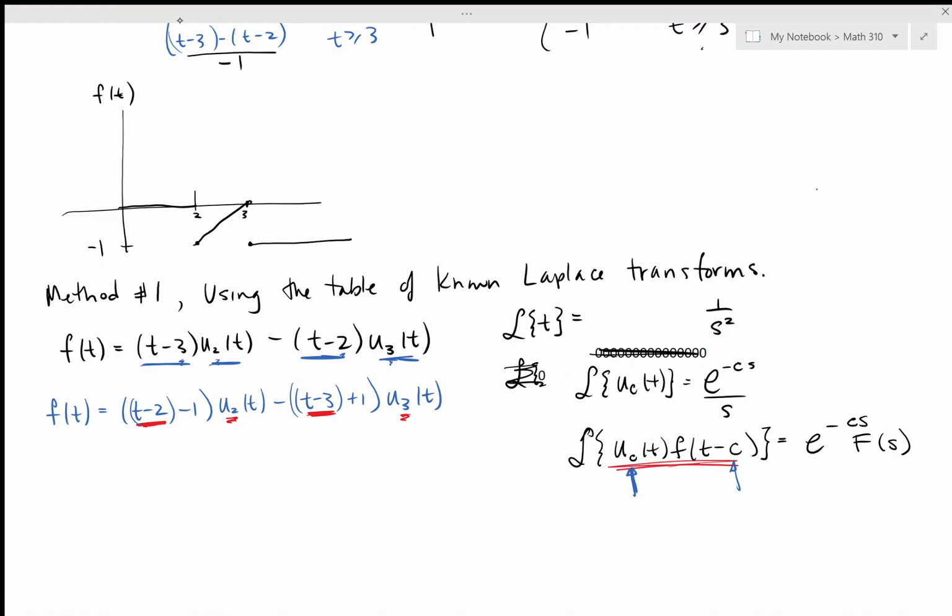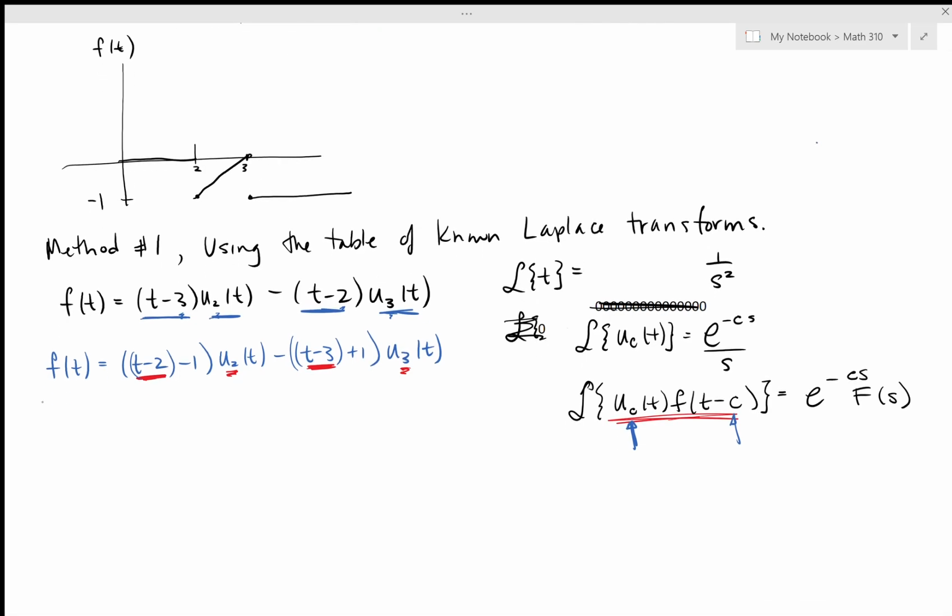And then I'm going to distribute the unit step functions. That will look like this. f of t equals t minus 2 times u2 of t minus u2 of t. And then on the next one, I'll have minus t minus 3 u3 of t minus u3 of t.